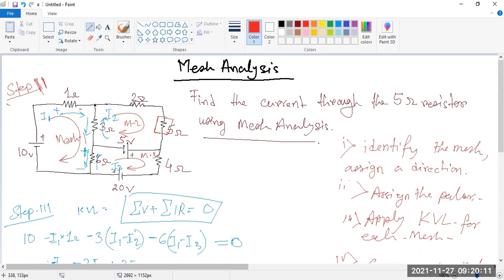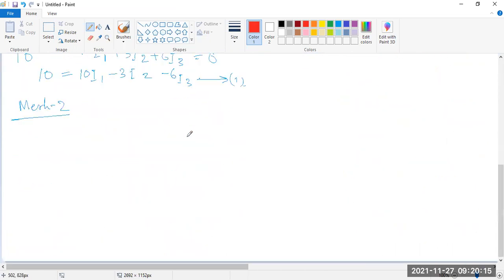Then we come here, and here, and here, so we have to write down minus 5 plus minus 3 of I2 minus I1.